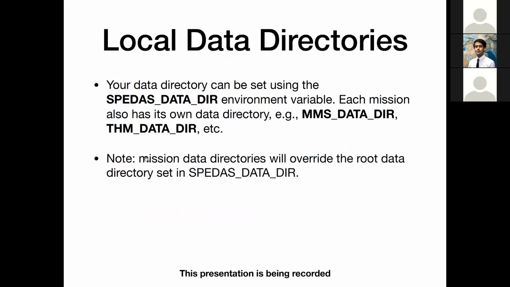And an important note is that the mission data directories will override the root data directory set by SPEDAS_DATA_DIR. So if you set MMS_DATA_DIR, it'll prefer that over SPEDAS_DATA_DIR. And if you're using the latest SPEDAS bleeding edge, SPEDAS_DATA_DIR should also be supported there as well. So you can now share data between IDL and Python simply by setting this as your data directory.